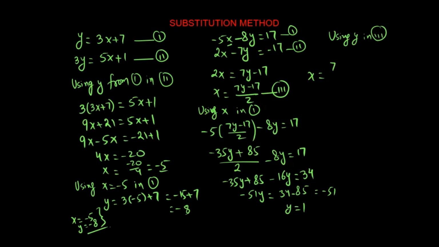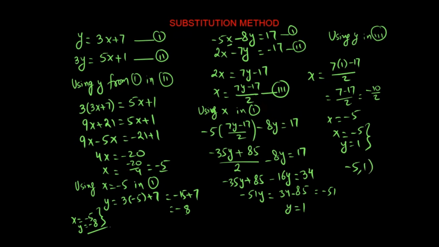So 7 times 1 minus 17 over 2, which is 7 minus 17 over 2, minus 10 over 2, which is minus 5. So your solution is x equals minus 5 and y equals 1. You can also represent your answer in this form: minus 5 comma 1. x is minus 5, y is 1.